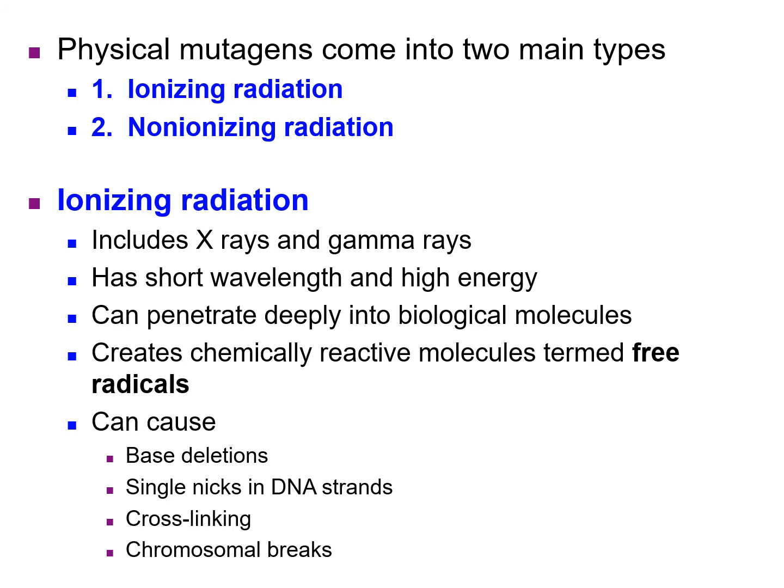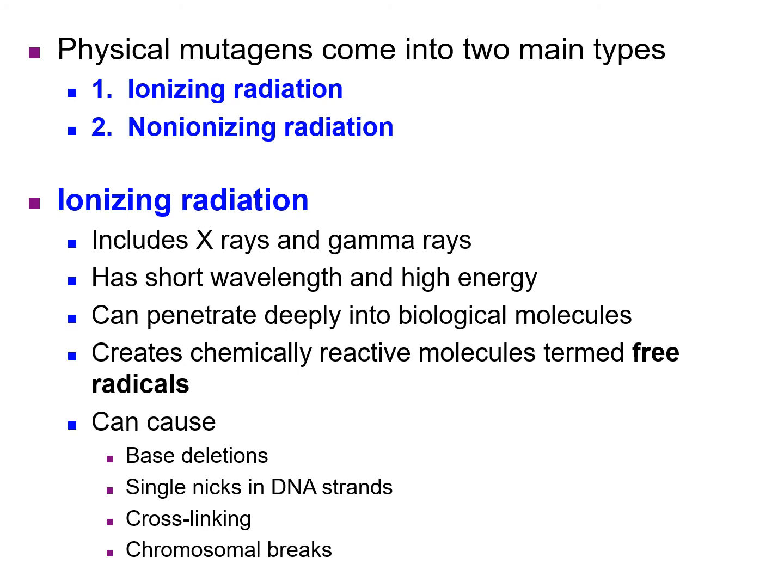Physical mutagens come in two main types. Either they are ionizing radiation or non-ionizing radiation. Ionizing radiation includes X-rays and gamma rays. These rays have short wavelength and high energy. With that high energy, these rays can penetrate deeply into biological molecules.